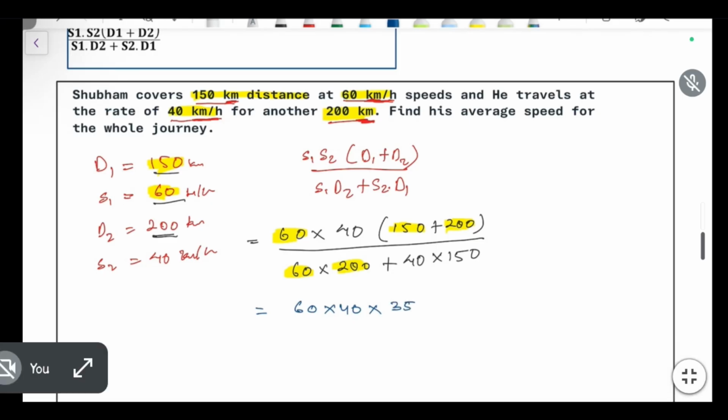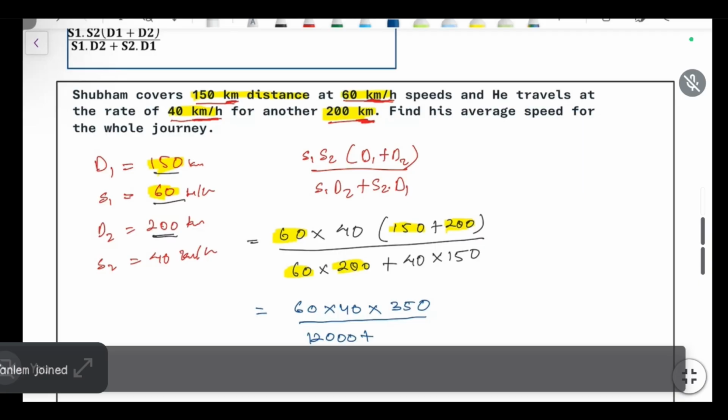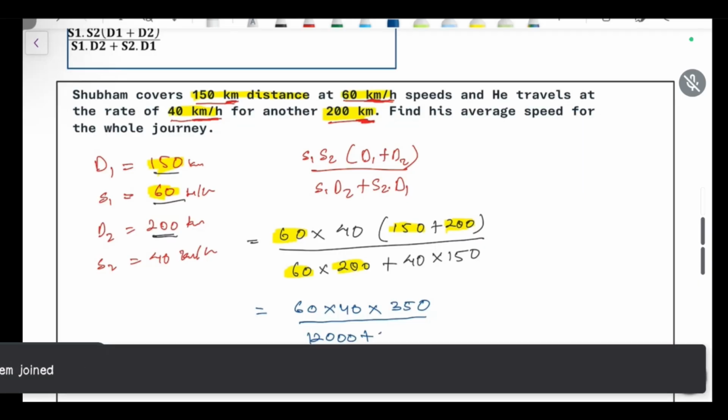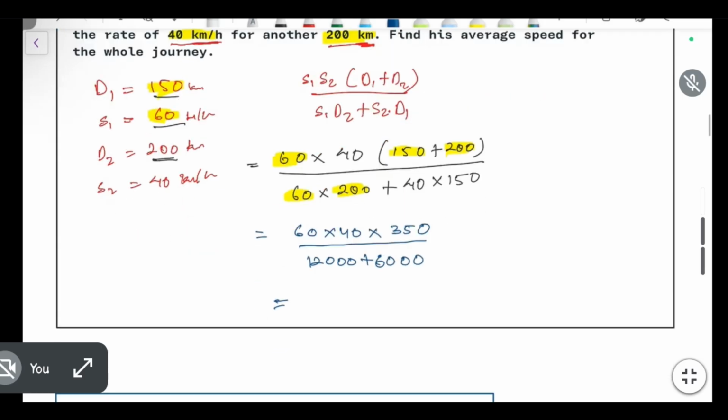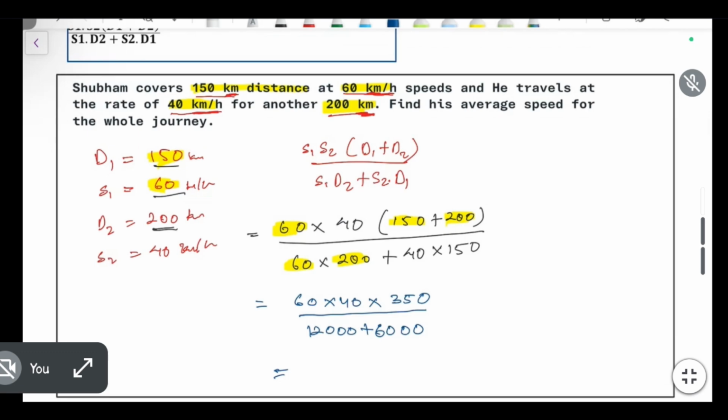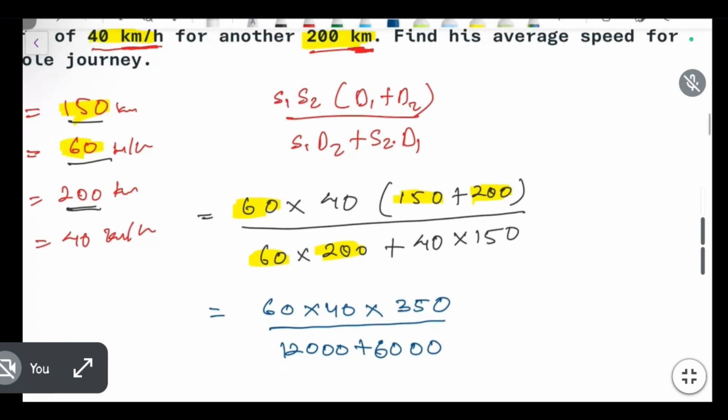150 plus 200 is 350, divided by 6 twos are 12, but remember we have 15 into 4, which is 60, so I'm just multiplying here. Now the next is 60 into 4, 6 4s are 24, or let's keep it as it is.